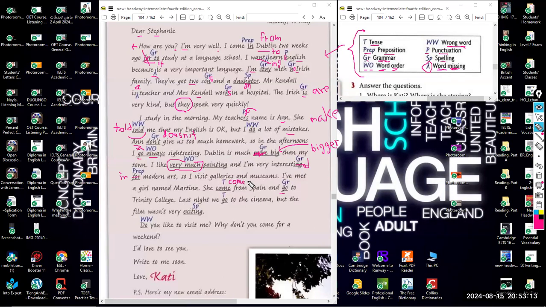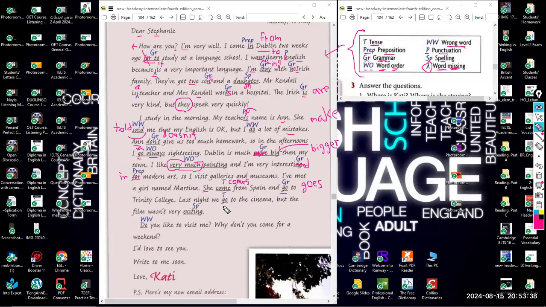Notice, guys, because this is simple present, I have another grammatical mistake, which is and goes. Thank you. Goes, because comes is singular, and goes, because this is simple present and I'm talking about she, I have to apply exactly the simple present rule.